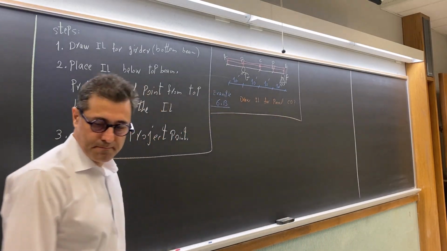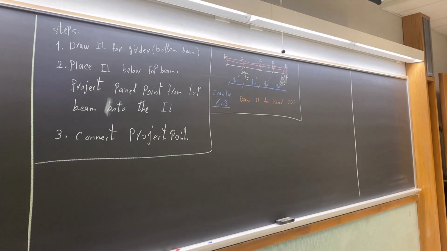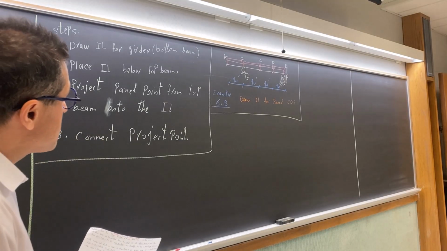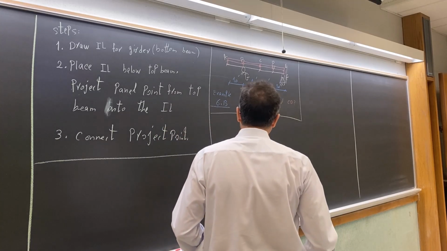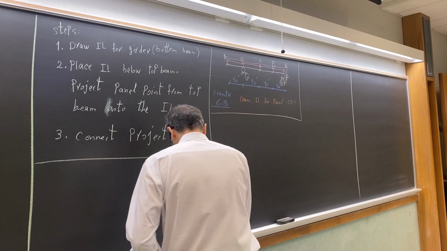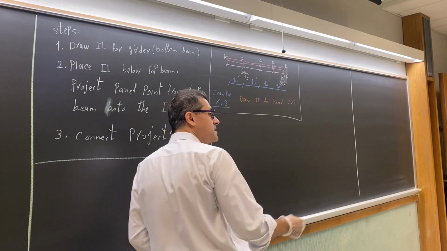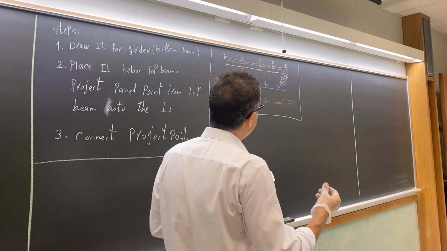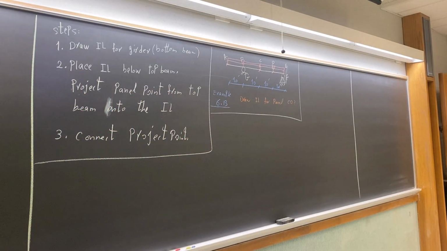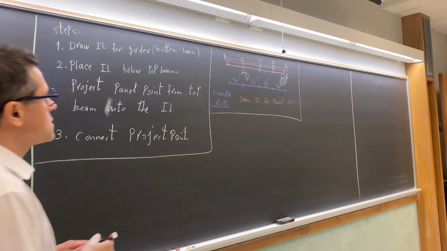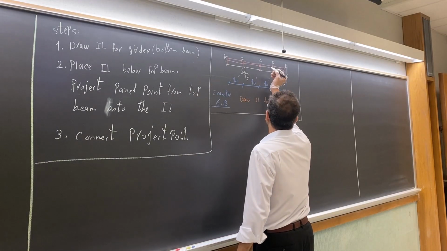First step, we consider a point between C and D. It doesn't matter which point, but for the sake of simplification, I'm going to choose a point exactly in the middle of CD, just for simplification of the calculation.